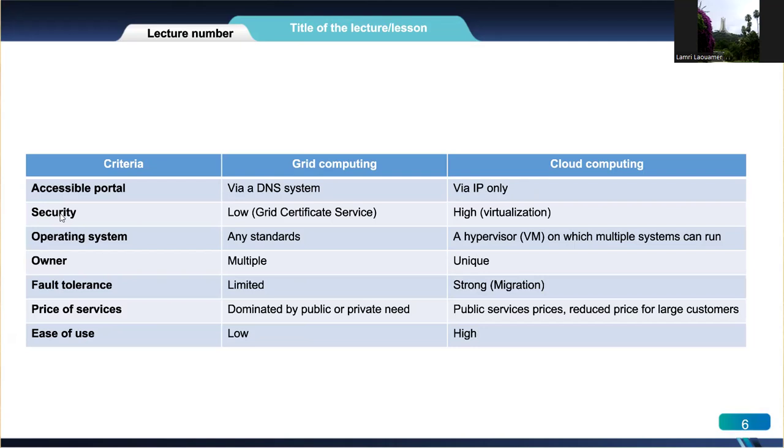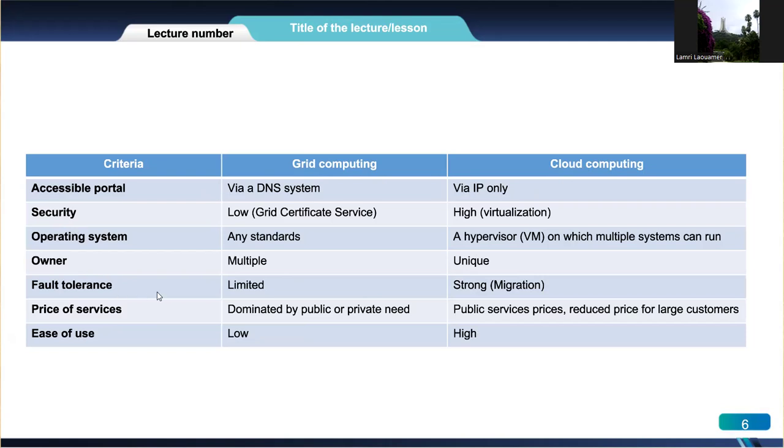For example, for the accessible portal, grid computing is accessed via a DNS system, but cloud computing is via IP only. For the owner, it is multiple in grid computing and unique in cloud computing.